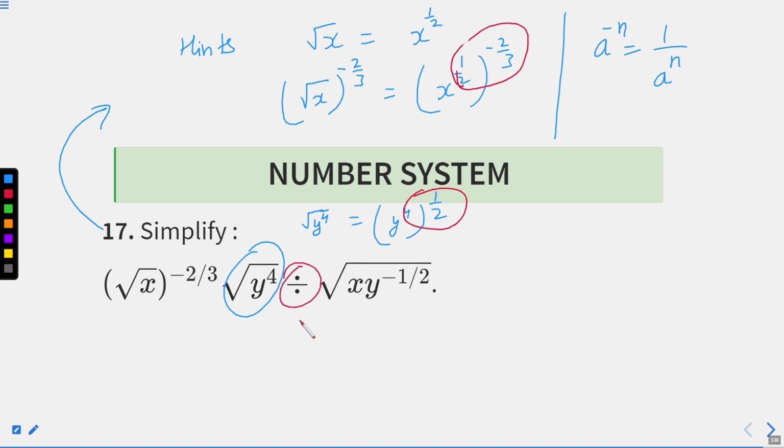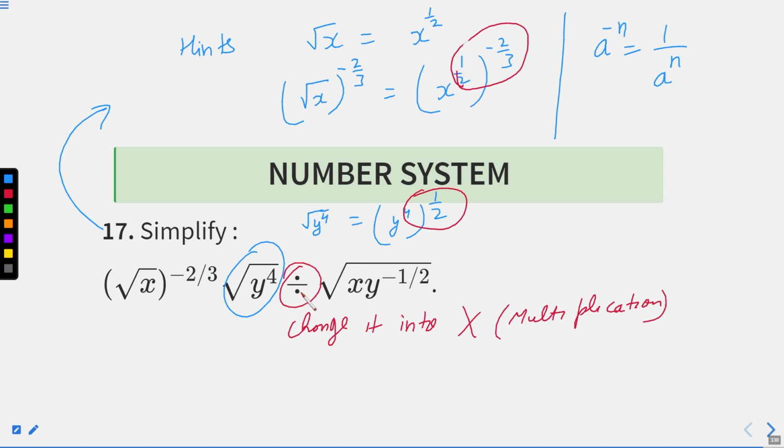Now what about this? We change it into multiplication by the reciprocal.